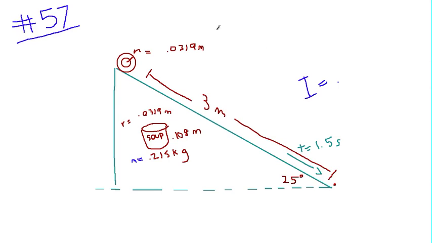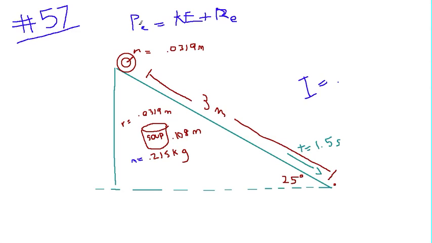Now, what we do need to know is that we can use conservation of energy, because this potential energy is all going to be converted, it's going to disperse to both kinetic and rotational energy. So we can say this potential energy is going to turn into kinetic energy plus the rotational energy that is required to rotate this can around.